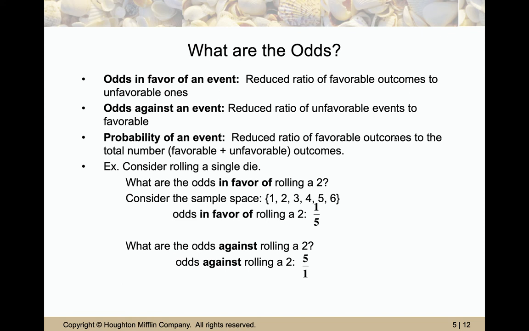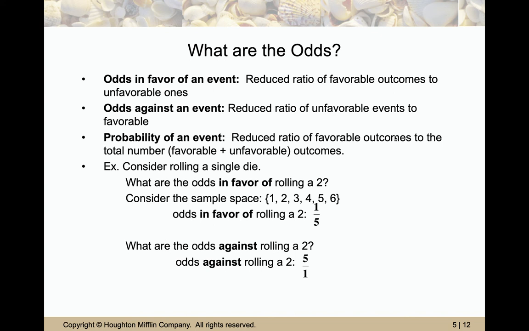Odds are the ratio of favorable outcomes to unfavorable ones. The odds against an event is the reduced ratio of unfavorable outcomes to favorable. The probability of an event is the reduced ratio of favorable outcomes to the total number, favorable plus unfavorable outcomes.